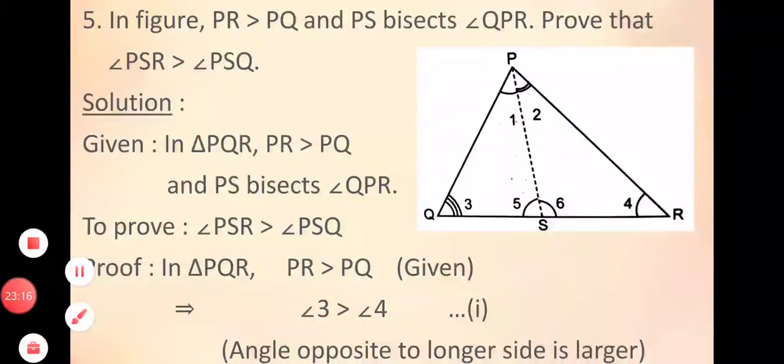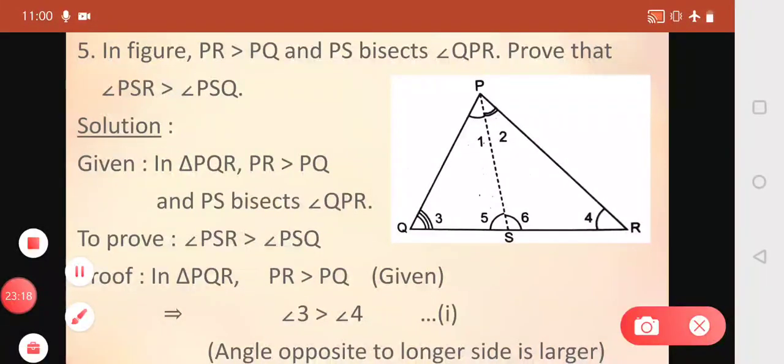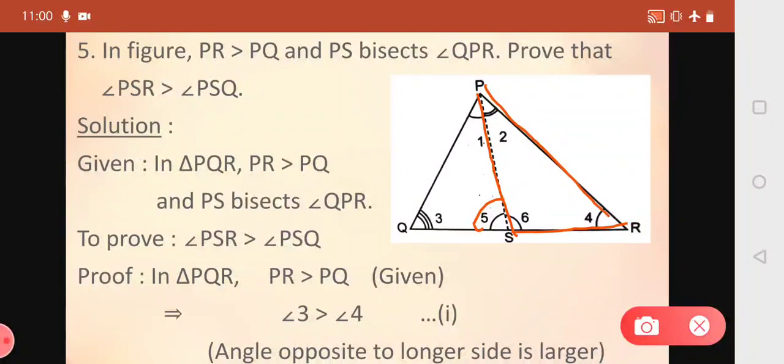Similarly, we can now write another, that is angle 5. This is also an exterior angle of this triangle. This is our triangle PSR. Again, using the exterior angle property, we get angle 5 equal to angle 2 plus angle 4, because these are the opposite interior angles of angle 5.